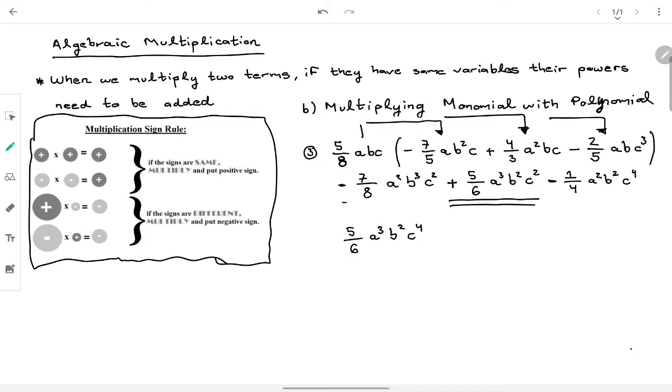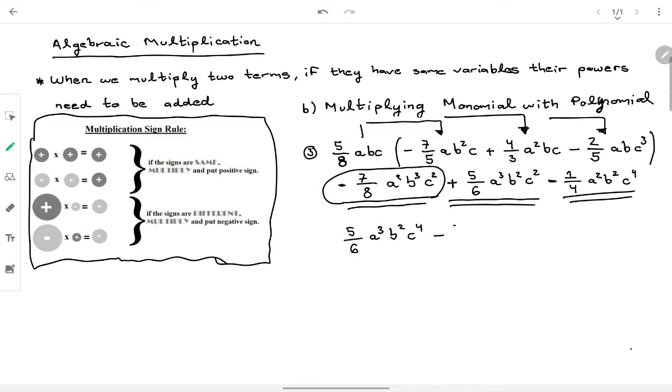Then it's going to be this one, because between the two of them both have a squared, but the first one has b cubed. So b cubed is more important than b squared. So this is going to be the second one.